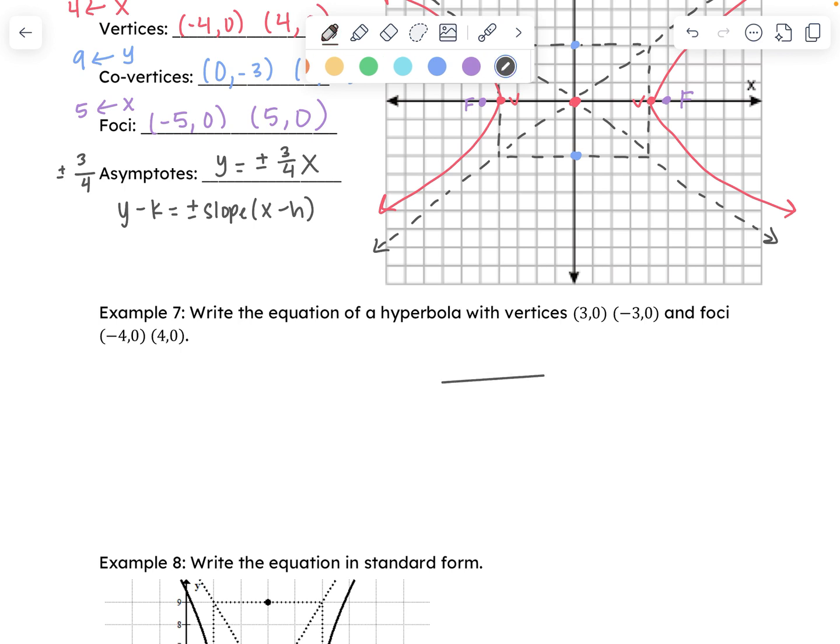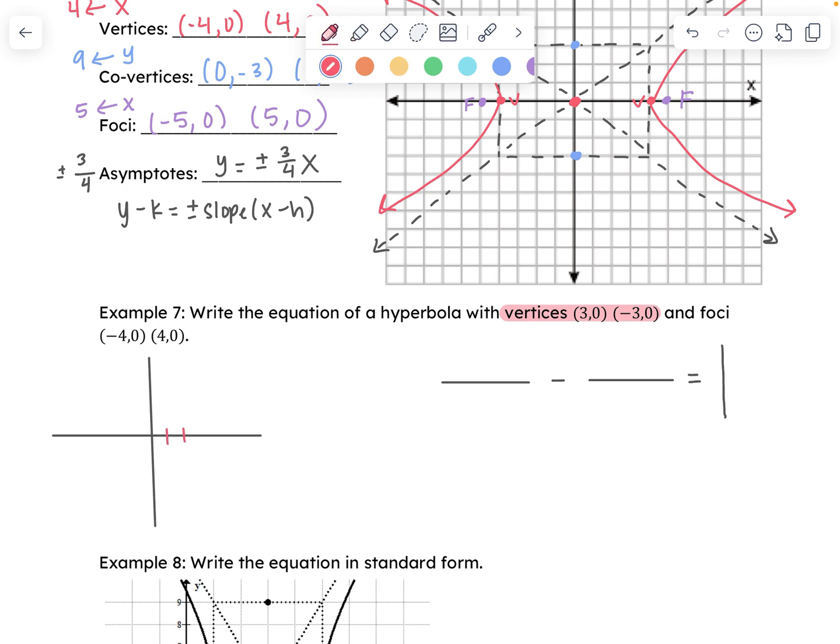We're going to have a fraction minus a fraction equals 1. But this one I can't determine if it's x or y first until I start looking at my picture. So I'm going to draw a picture over here, and it tells me that I have vertices at (3, 0) and (-3, 0).